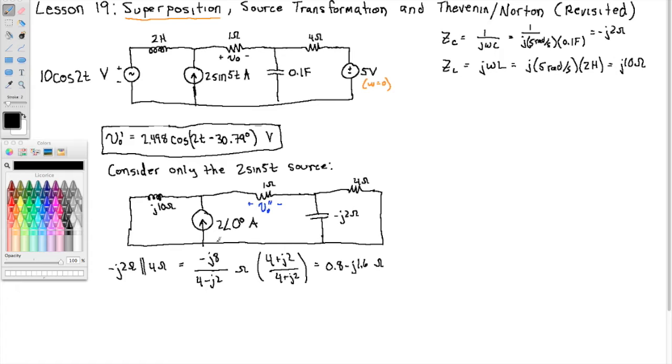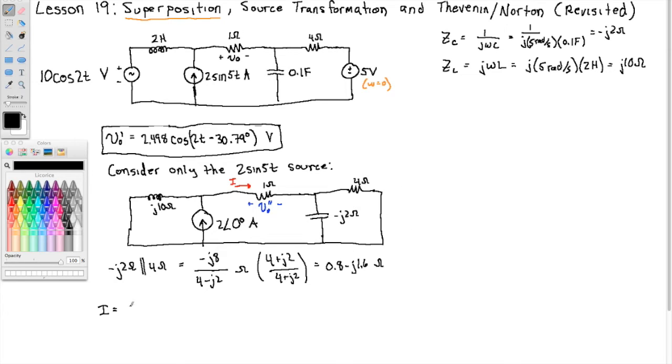Alright, now we can get the current that goes through this resistor. Call that I. We can use current division. See now, because we've got this current and it splits up between two parallel branches. This branch, the j10 ohms, and then this equivalent branch over here.